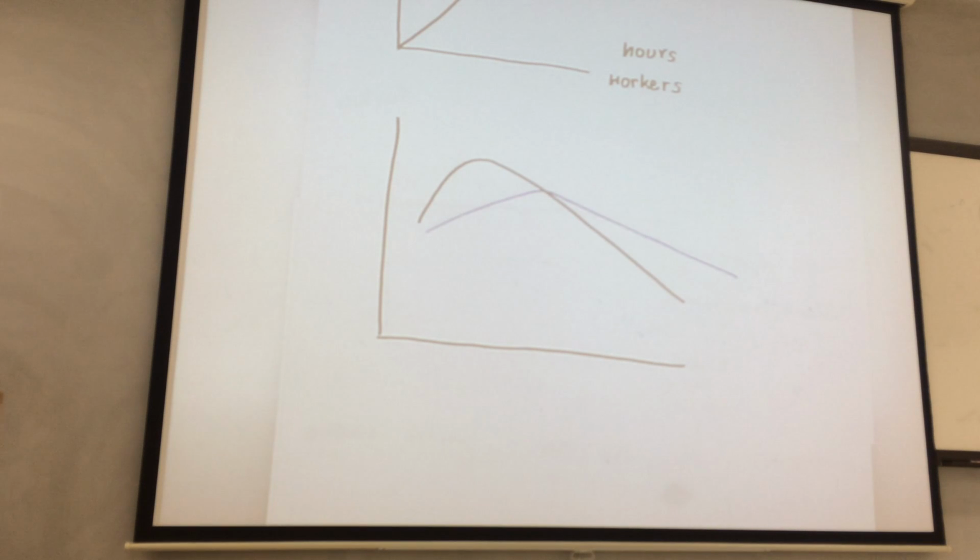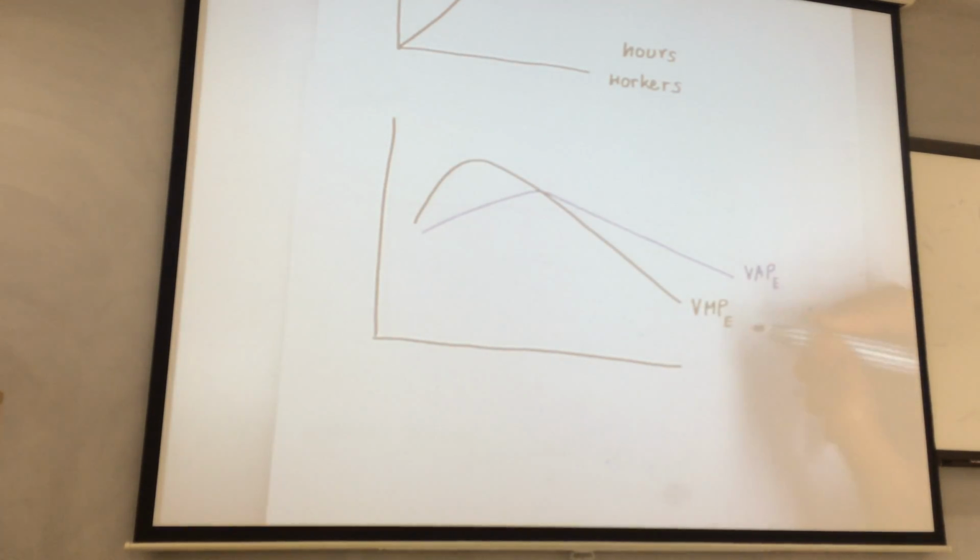So instead of marginal product and average product, now we have value of marginal product and value of average product instead. By the way, just to distinguish that it is the value of marginal product and average product of labor, of employment.